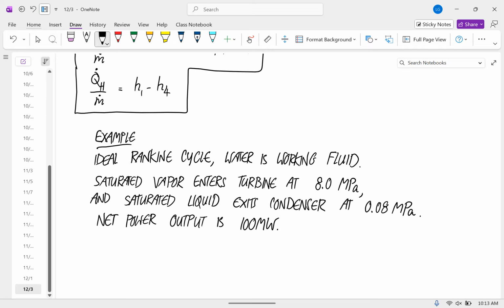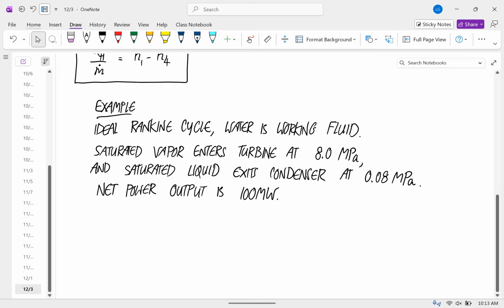What's a mathematical expression for the net power? Well, hopefully it's pretty close to just being the power output at the turbine. But remember, you also have to give up some power at the pump. So this is WT dot minus WP dot. And here's what we want to calculate.